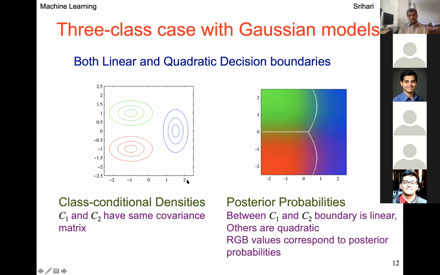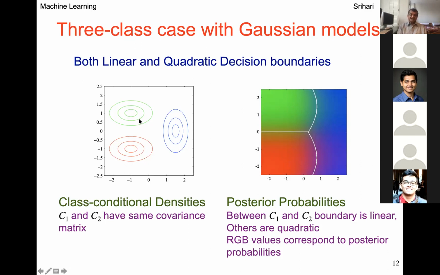All three are Gaussian in this two-dimensional plane. And here, the boundary between just these two is linear. We just saw that between two Gaussians it is going to be linear. But when you have a third Gaussian coming in, you're going to be defining a quadratic here. So these are the shapes of the boundaries between these classes.